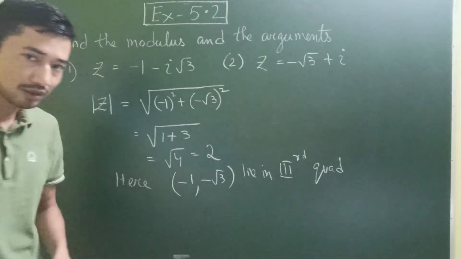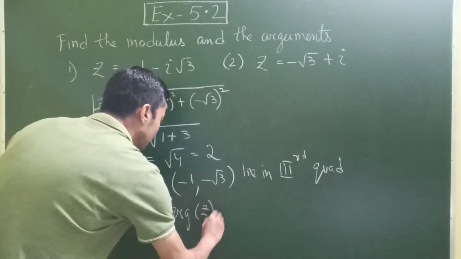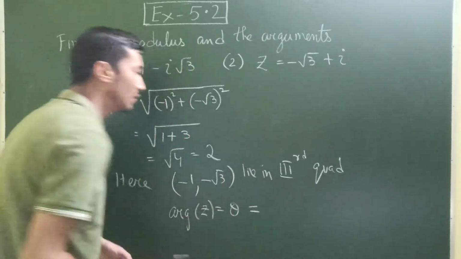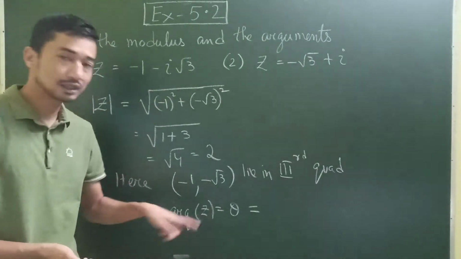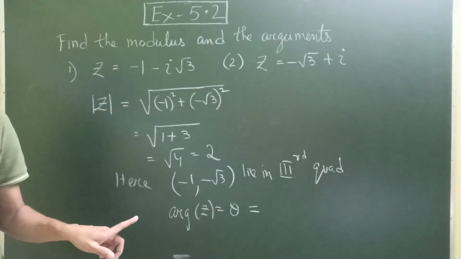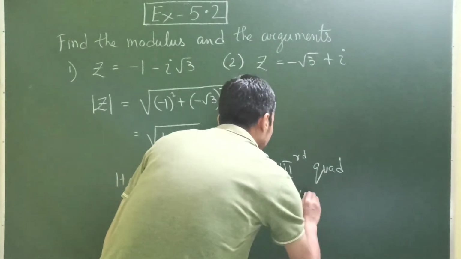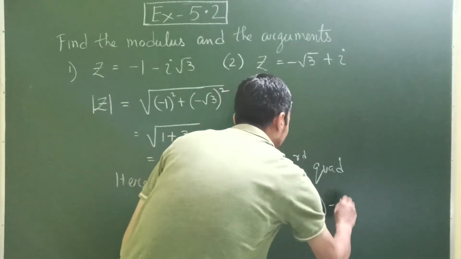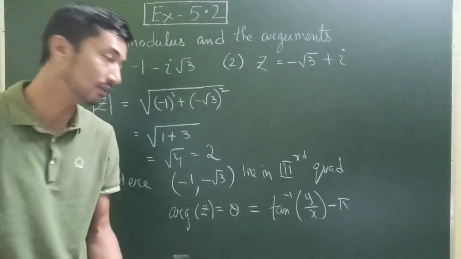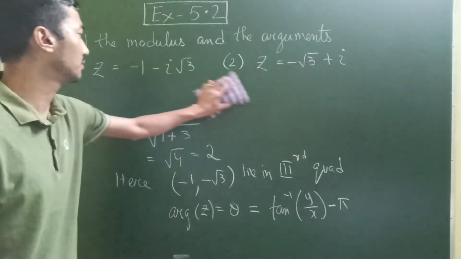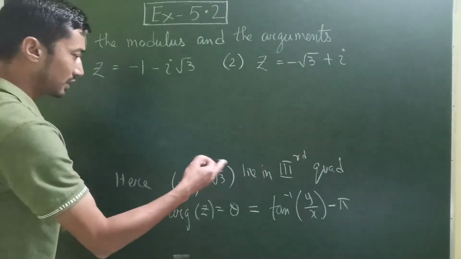So in the third quadrant, our argument of z, which is theta, will be equal to what? I gave you that if it lies in the third quadrant, the argument will be simply tan inverse y by x minus pi. You can check out the previous notes if you have already written it down. So modulus is already done, and we're trying to find the argument.